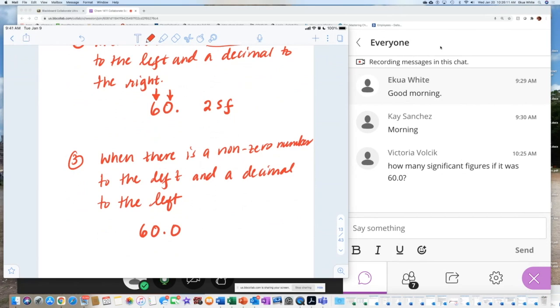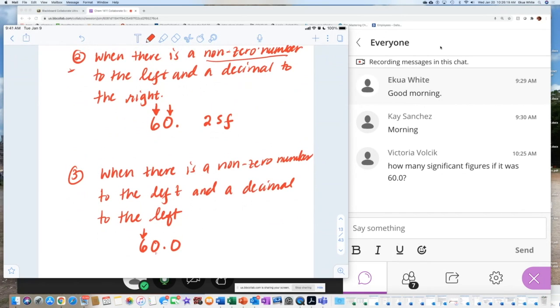Okay, so based on the rules, 6 is significant. 0 is also significant based on rule number 2 here, right? Because if you look at the 0, to the left there's a non-zero number, to the right there's a decimal, so this is significant. Now, based on rule number 3, the one I just said, there is a non-zero number to the left of my 0. Yeah, this one to this 0, right? And there is a decimal. Yep, this one here.